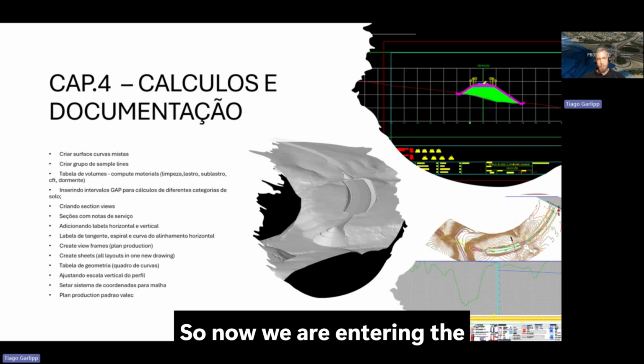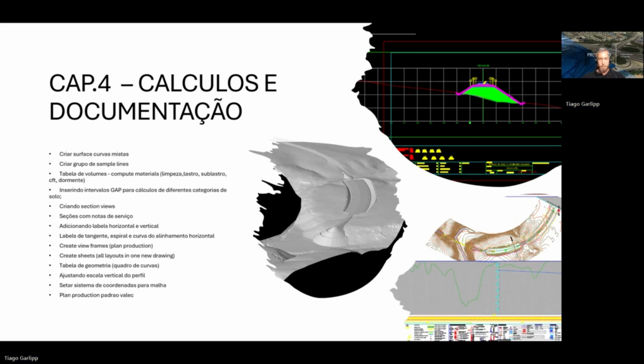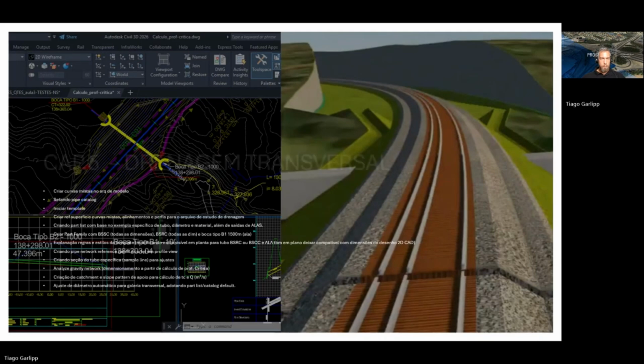So now we are entering chapter 5 about the transversal drainage. You do something new inside this training.